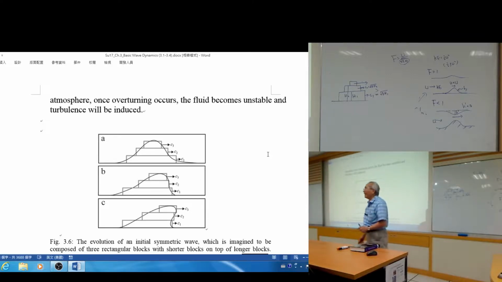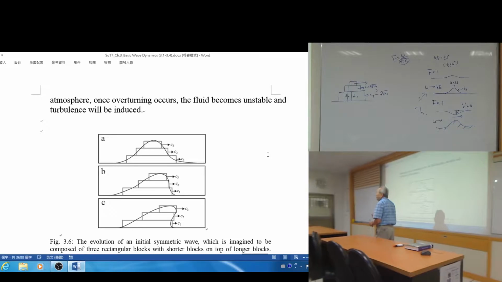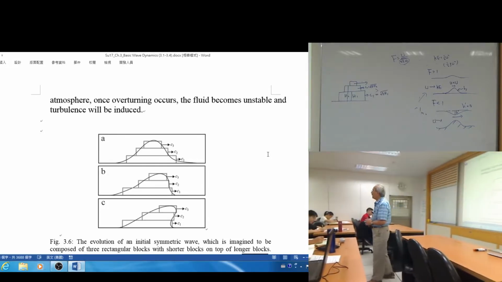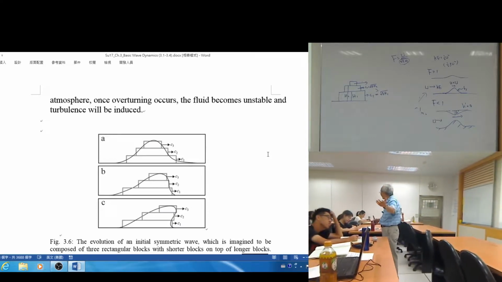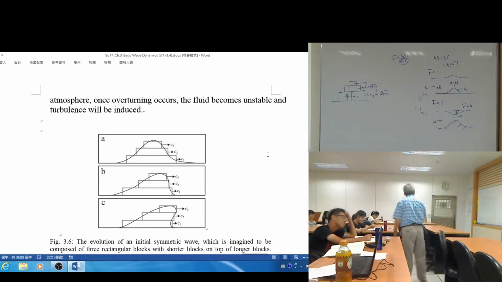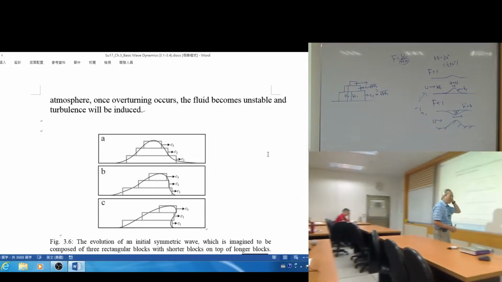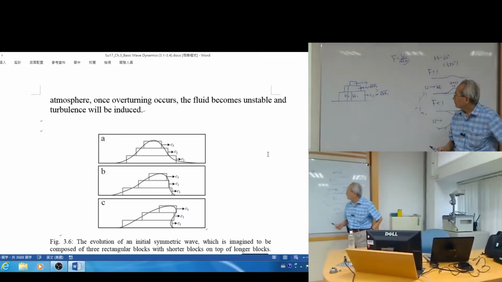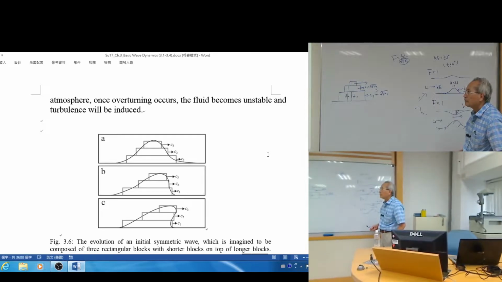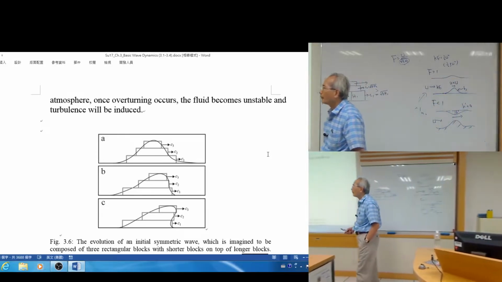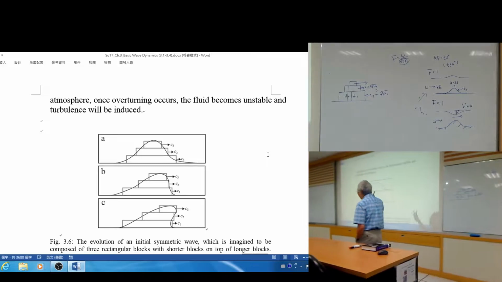Now if you go to the beach, you understand what's going on. That's a beach wave. It can be nonlinear.